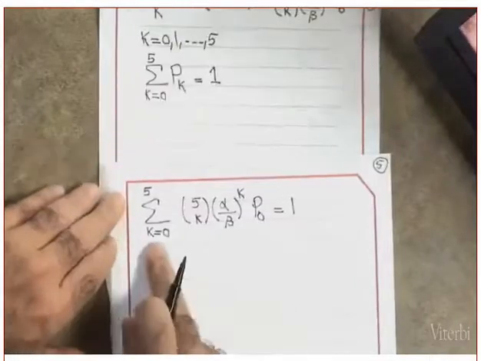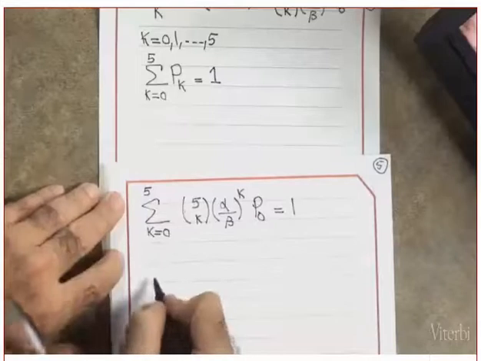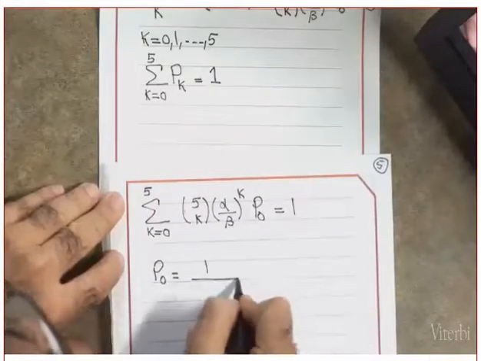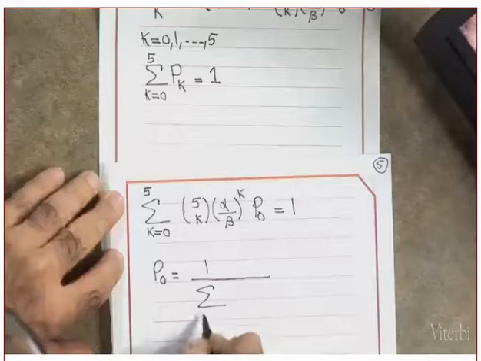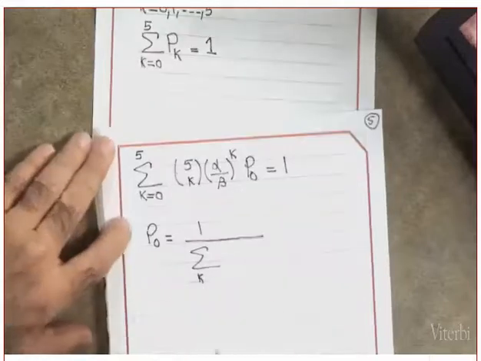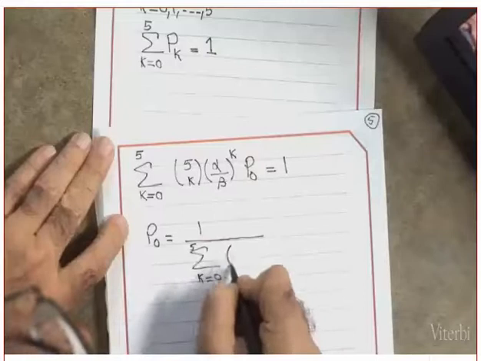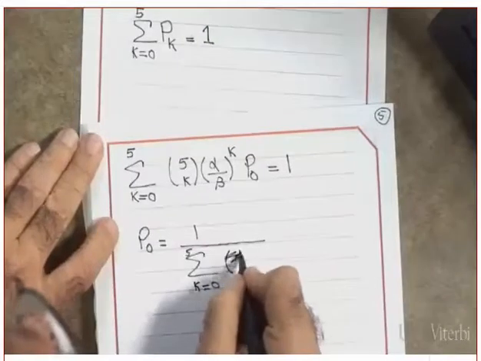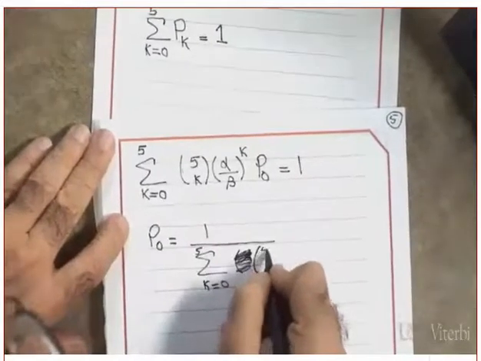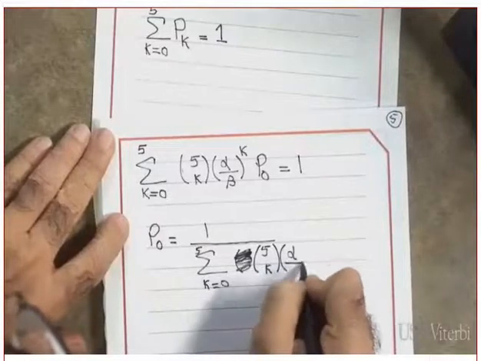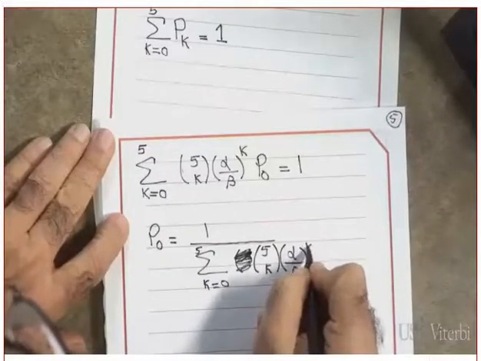Can I get the P0 outside? So what is the P0? 1 over the summation of K equal to 0 to 5 of 5 choose K times what? Alpha over beta to the what? K.